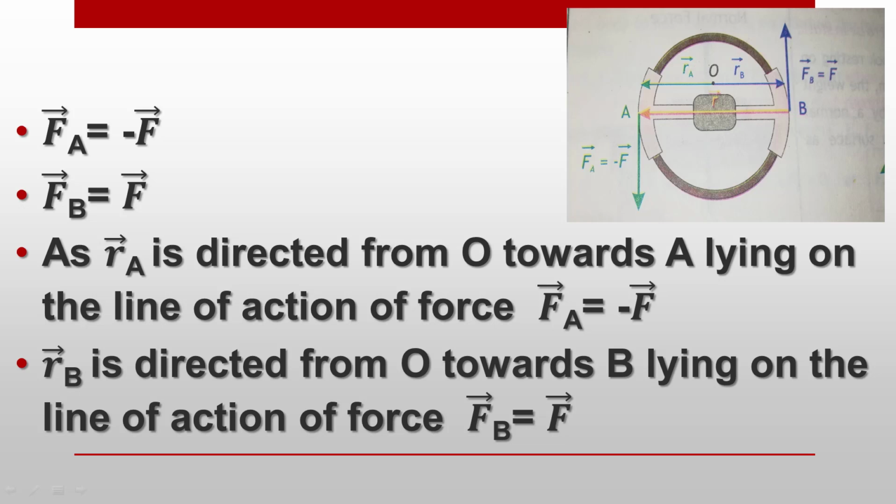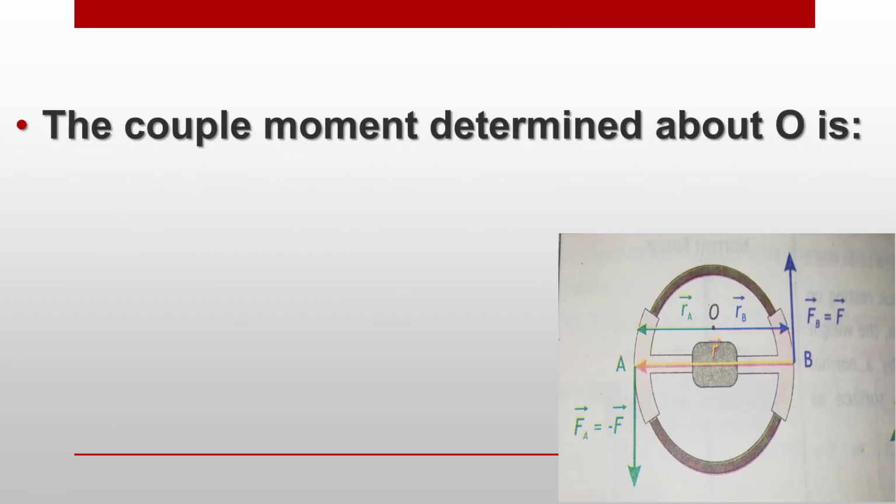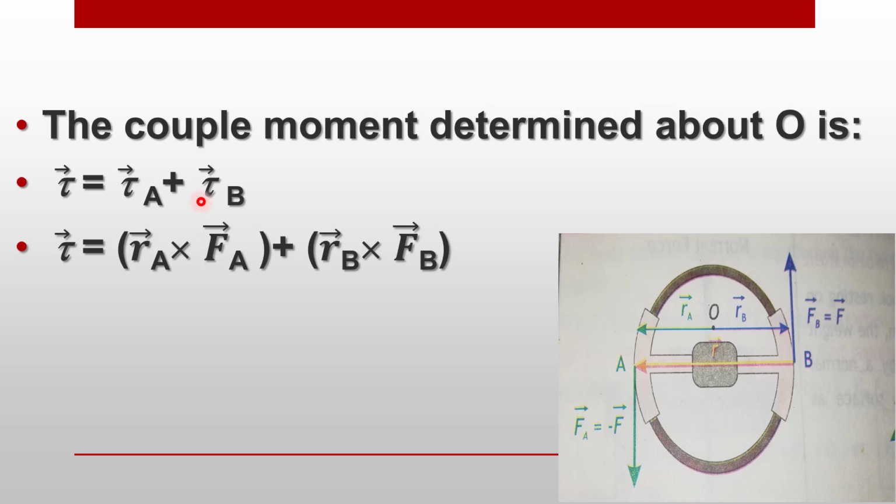Now we will calculate the moment produced by these forces. The couple moment determined about O: the net torque is equal to the sum of individual moments, tau is equal to tau A plus tau B. We know tau is equal to R cross F, so tau A will be RA cross FA.